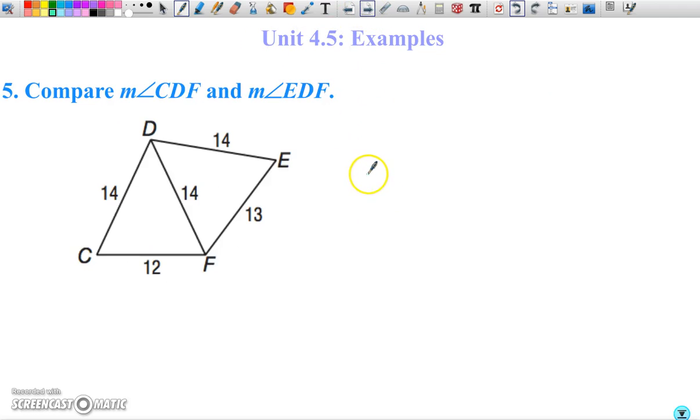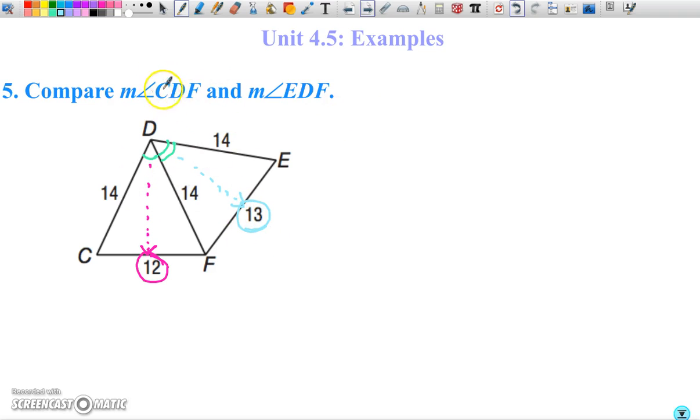It's the same information, just given in opposite order. All right, and then our last example, so same type of information. We have two different triangles that we're comparing, but this time we're going to compare angle measurements. So angle CDF, so CDF would be this angle here, and then the measure of angle EDF, so EDF would be this angle measurement here. Okay, so this angle is across from this side, which is 12, right? And then this angle is across from this side, which is 13.